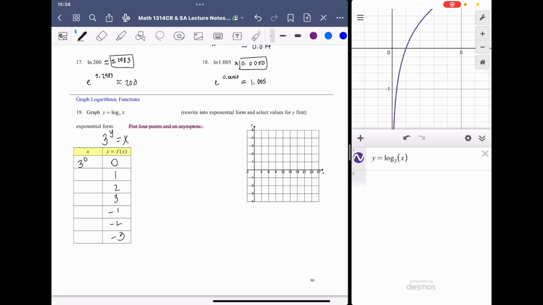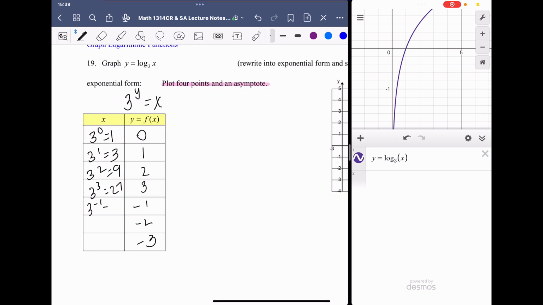So 3 to the 0 equals 1, 3 to the 1 equals 3, 3 to the 2 equals 9, 3 to the 3 equals 27, 3 to the negative 1 equals 1/3, 3 to the negative 2 equals 1 over 9, 3 to the negative 3 equals 1 over 27. We did these already in another graph.